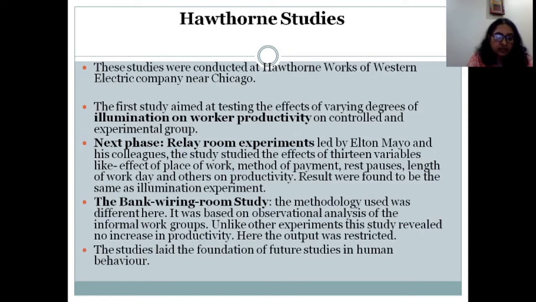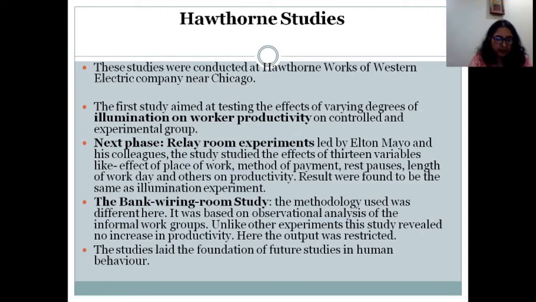Now, the study tried to test specific variables such as length of workday, rest breaks, method of payment, etc. The researchers were trying to see what effect these specific variables had on the productivity of the workers. Again, each test period produced higher productivity, even when the workers were subjected to the original conditions of the experiment. Now, the researchers concluded that again something was still not being controlled that was causing change in the dependent variable, that is the productivity or the output of the workers.